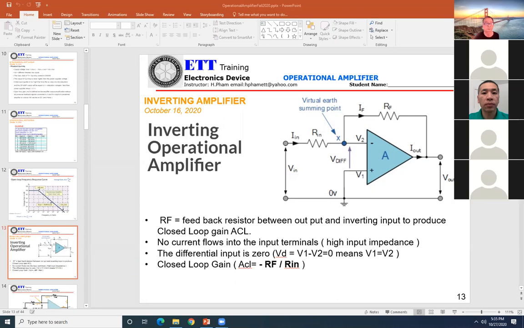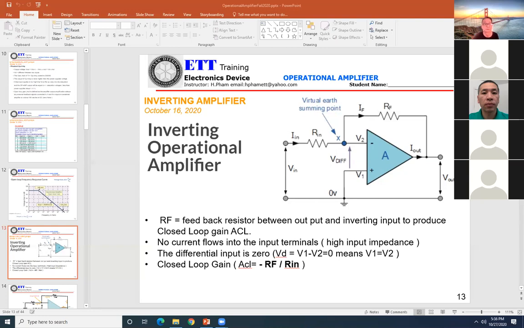Mr. Pham, question? On V1 and V2, are the voltages the same on that circuit? Do V1 and V2, the differential, try to keep the same voltage? Yeah, the difference is 0, so that's why V1 and V2 are the same.